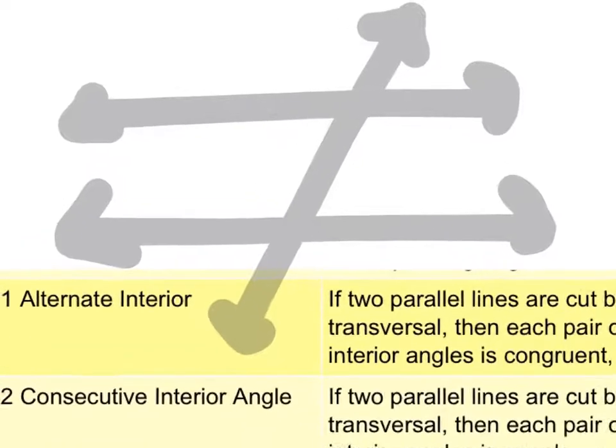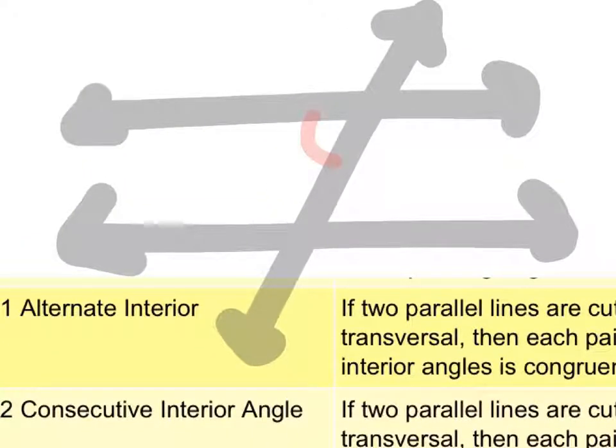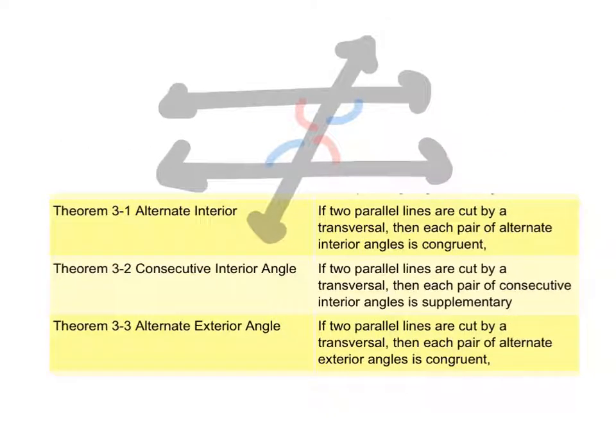So this alternate interior angle is congruent to this one, and this one is congruent to this one. So alternate interior angles are congruent.